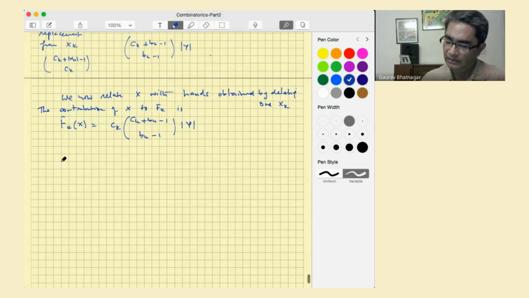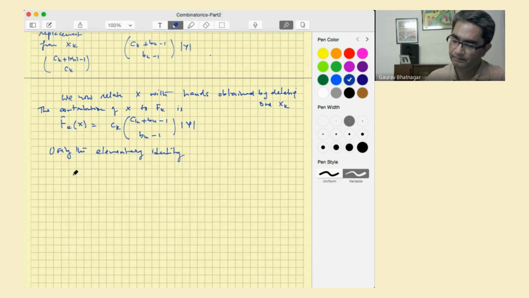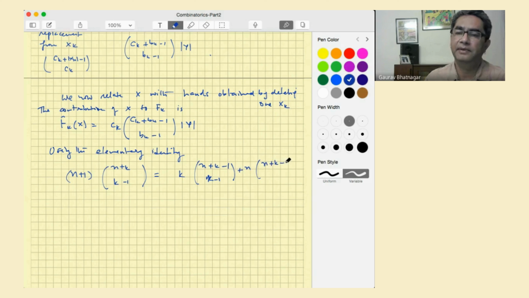And now we use the elementary identity: n plus k choose k minus 1 equals k, n plus k minus 1 choose k minus 1, plus n, n plus k minus 1 choose k minus 1.